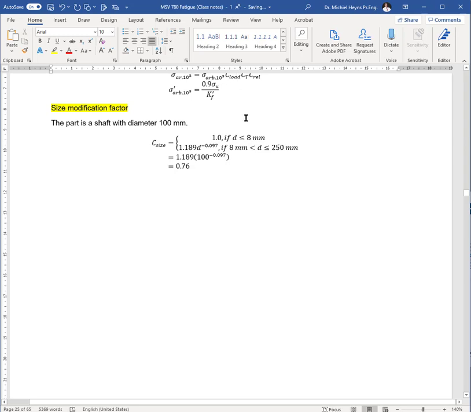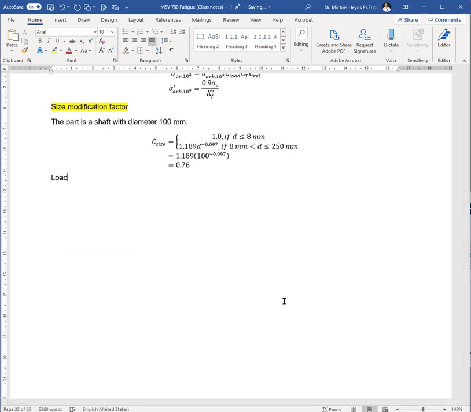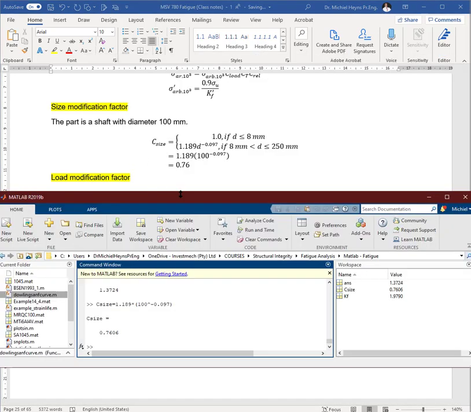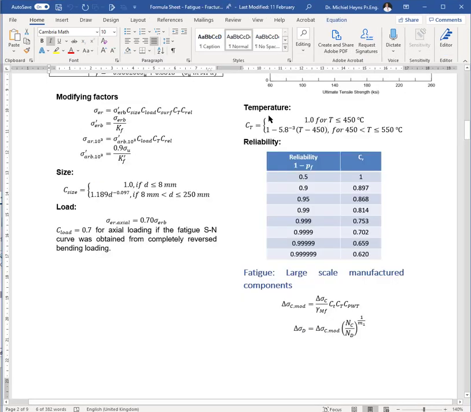Then we can look at the next one that they want, the load modification factor. We've spoken in the class about load many times in terms of shear, bending, and axial loading.